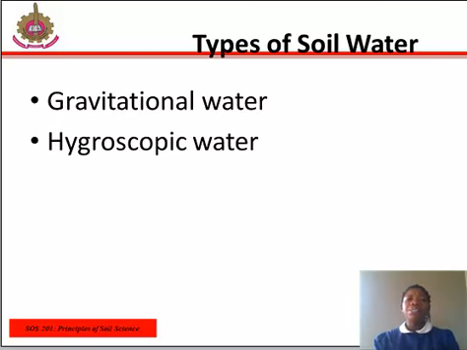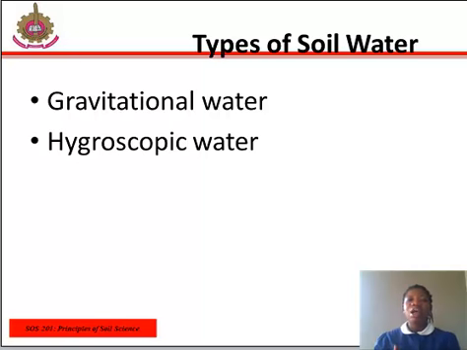Consider what happens after a heavy rain. At first, all soil pores are completely filled with water. This is called saturation. In large pores, some water is too far from the nearest surface to be attracted by the particles enough to overcome gravity.